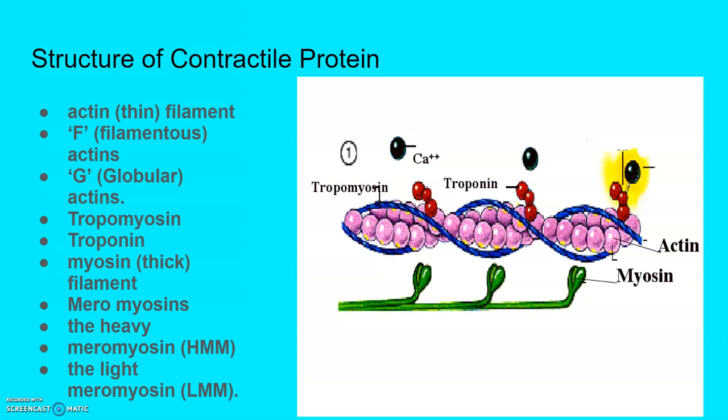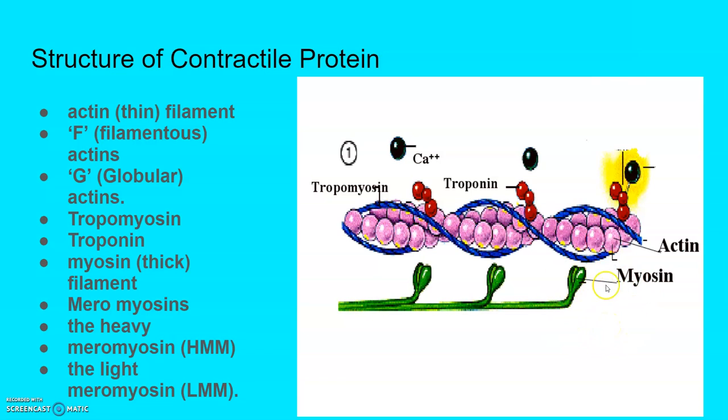Now we see further that each meromyosin has two important parts: a globular head, and a short arm and a tail. The former is called heavy meromyosin, HMM, and the latter, the light meromyosin, LMM. The HMM component, that is the head and the short arm, projects outwards at a regular distance, and they each form the surface of a polymerized myosin filament and are known as its cross arm.